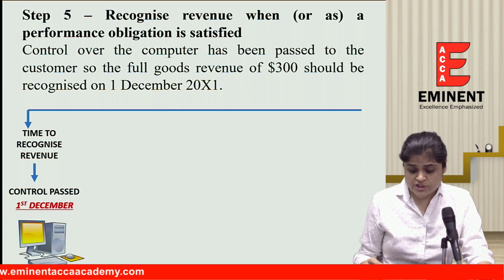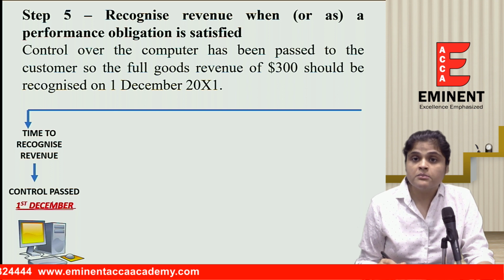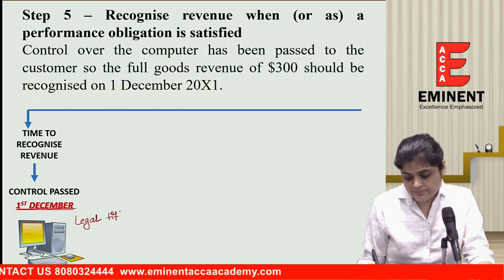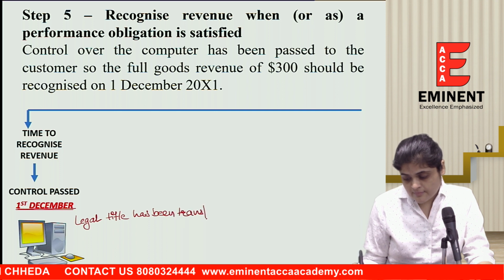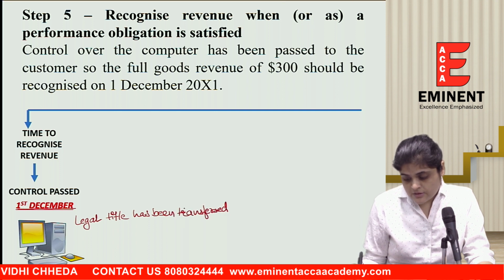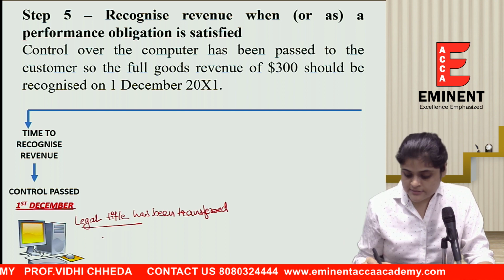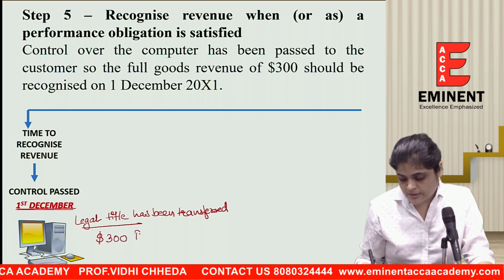So it's clearly given in the question. The computer has been provided to the buyer on 1st of December and on the same date legal title has also been transferred. So which means the seller will record $300 immediately on the 1st of December.